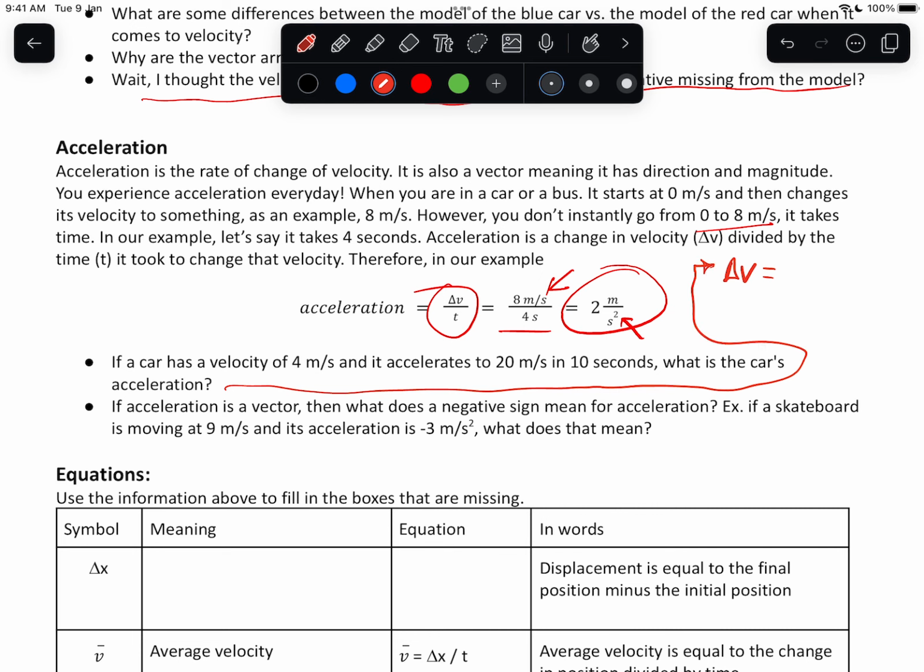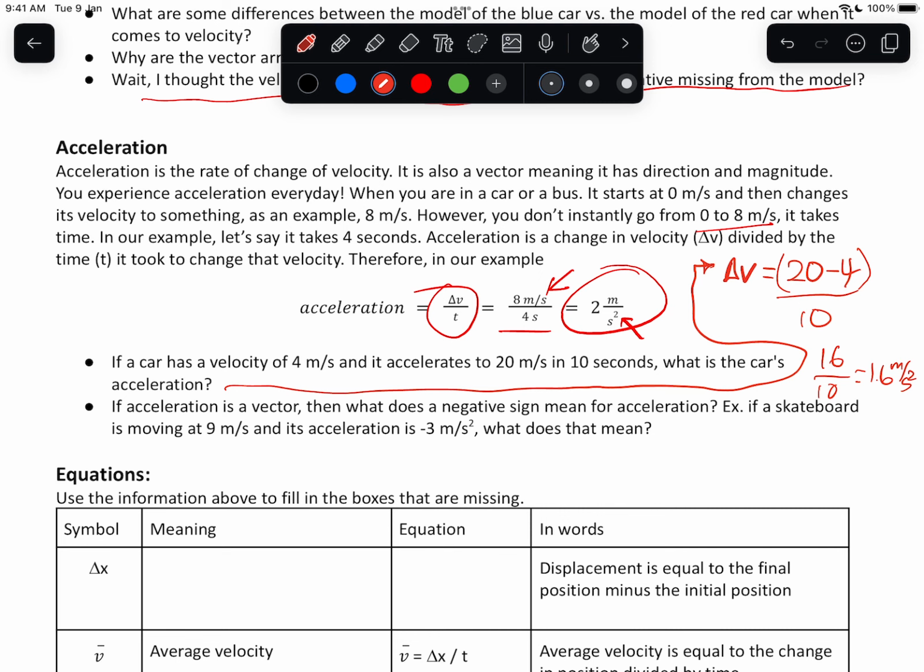The change in velocity, my final velocity is going to be 20 meters per second. My initial velocity was 4, and it took me 10 seconds to do that. Well, 20 minus 4 is going to be equal to 16. 16 divided by 10 is equal to 1.6, and my units are going to be meters per second squared.